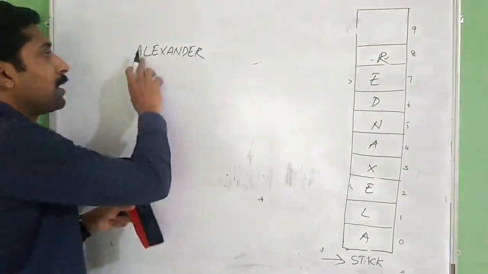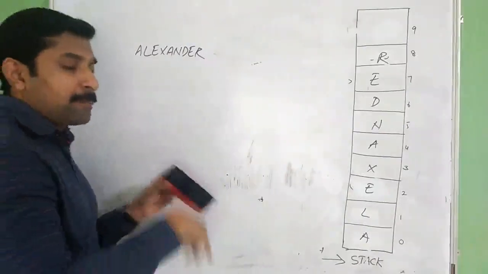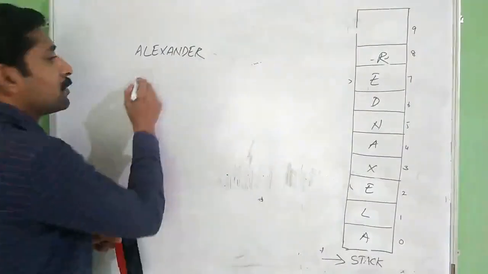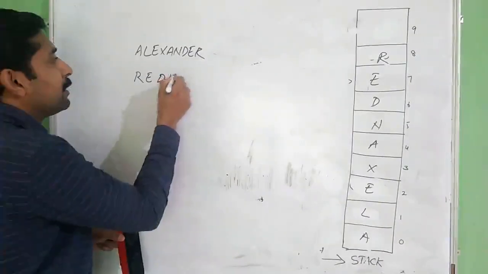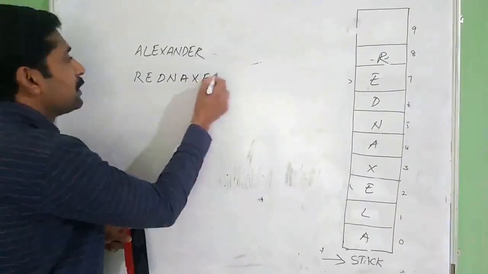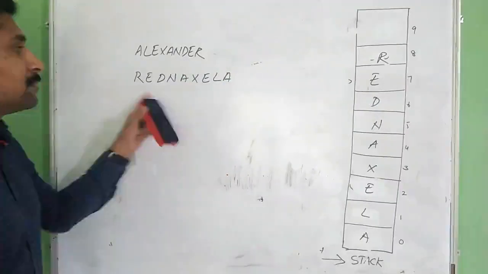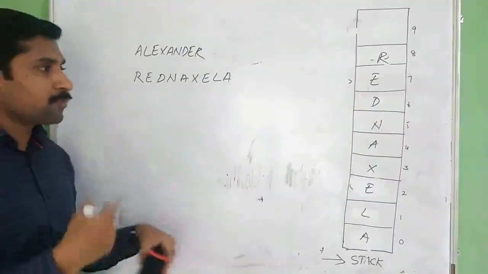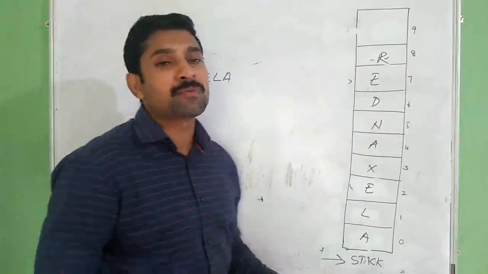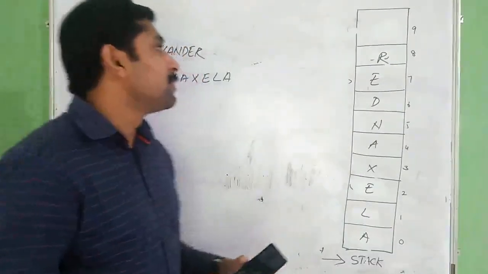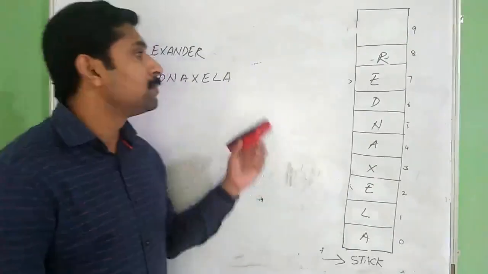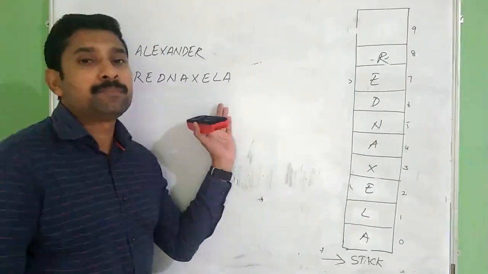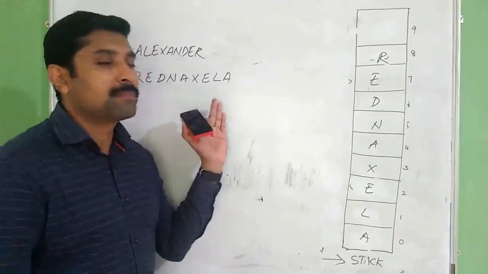Perform push operations with all the characters. Then perform pop operations continuously, and you will get REDNAXELA, the reversed string. So for reversing a string, we can make use of this stack. So this is the concept of the linear compound data structure stack.